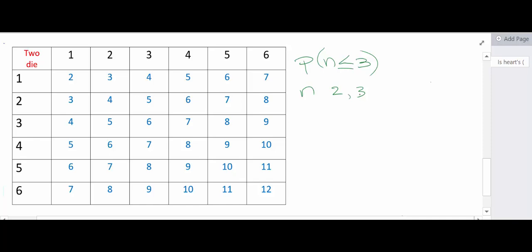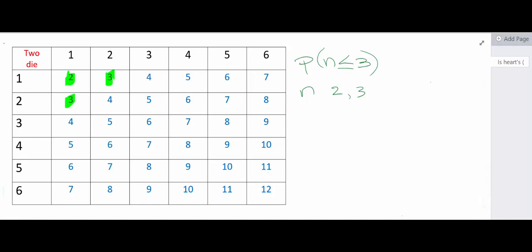What combos allow that to happen? We look at our sample space. You can get a double 1, a 2 and a 1, or a 1 and a 2. So those are your three possibilities.